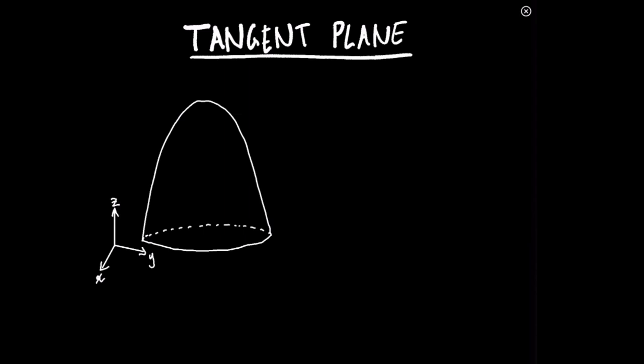Let's get into it. All right, so in Calculus 1, we learned how to find the tangent line of a single variable function. So we got two axes here, x and f of x, and we have some function.